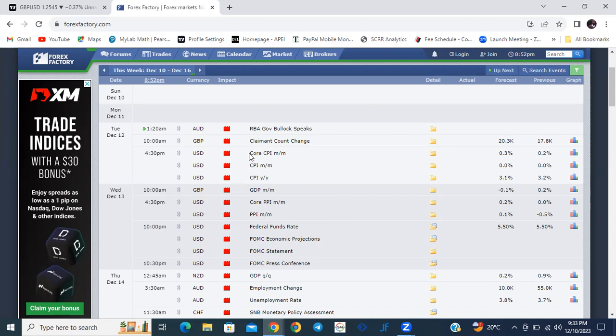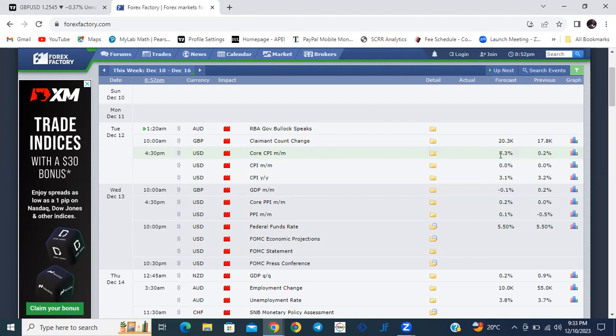So let me concentrate on this CPI because I basically love trading majors or gold. If I'm not trading gold, you'll find me trading maybe EURUSD or GBPUSD. So from this, we anticipate core CPI to increase from 0.2 to 0.3. So this is basically an increase in CPI.